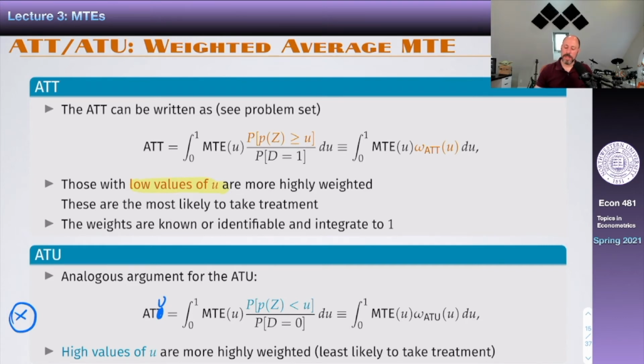And so, again, the denominator is something you can get from the data, and the numerator as well, if we have some way to know or estimate the propensity score. So that's why I wrote here the weights are known or identifiable, and they integrate to 1.